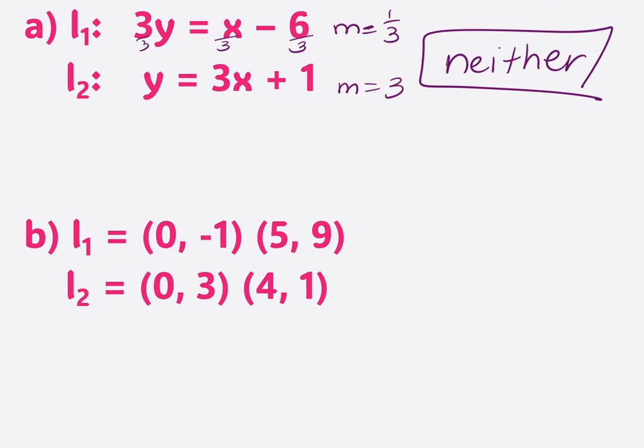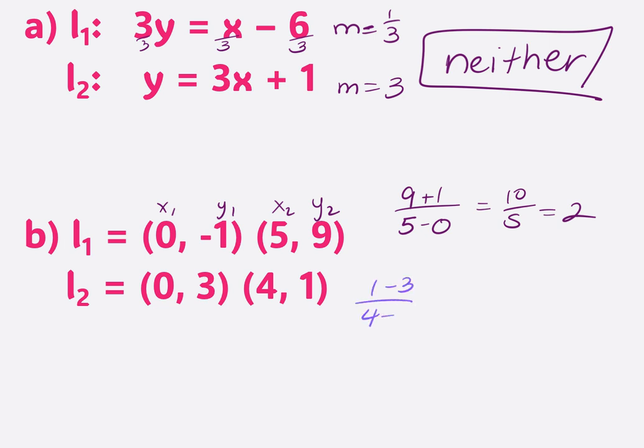For B, we're going to find the slopes. So x1, y1, x2, y2, I get 9 minus a -1 over 5 minus 0, 10 over 5, which is 2. Line 2, 1 minus 3 over 4 minus 0, -2/4, -1/2.